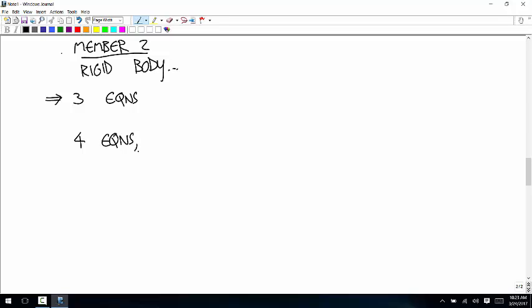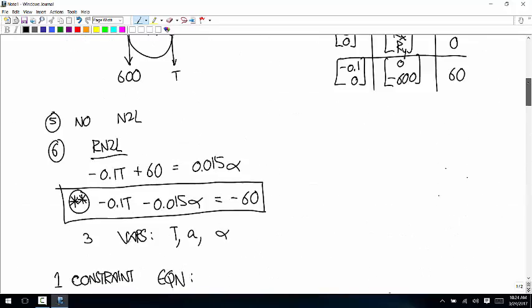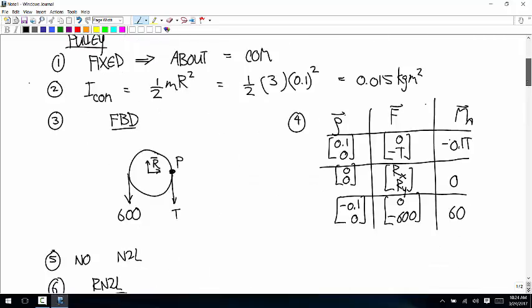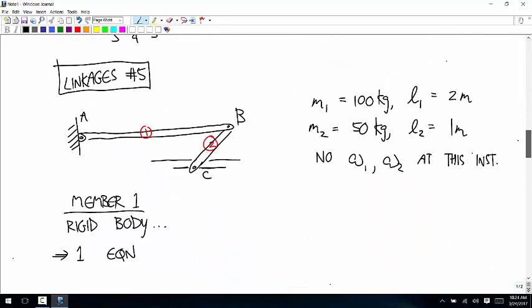And the way that you know that, so 7 variables, is that you know you're going to have 2 constraint equations saying that the acceleration here has to agree for the 2 members. They're connected.